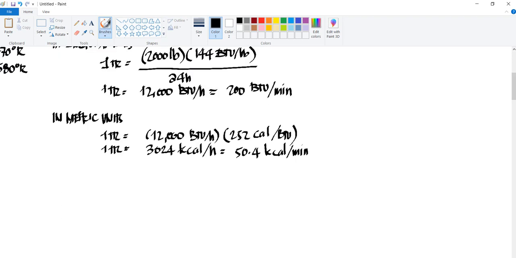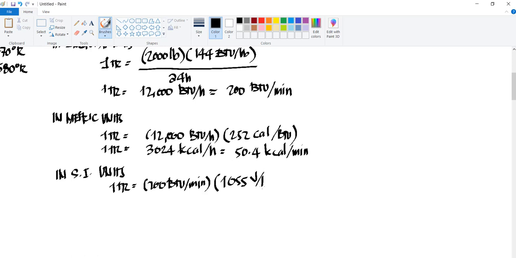Now for the SI units, we have your 1 ton of refrigerant is equivalent to 200 BTU per minute multiplied by 1055 joule per BTU, where your 1 ton of refrigerant is equal to 211 kilojoule per minute, or let's say that will be 3.52 kilowatts.